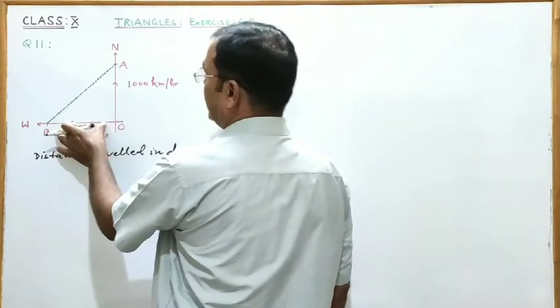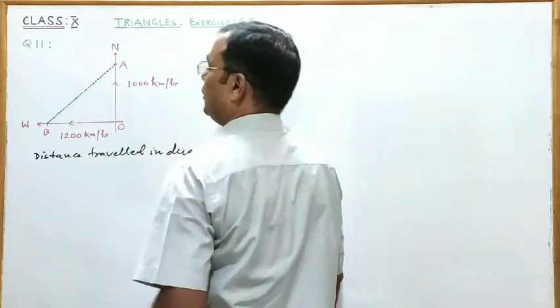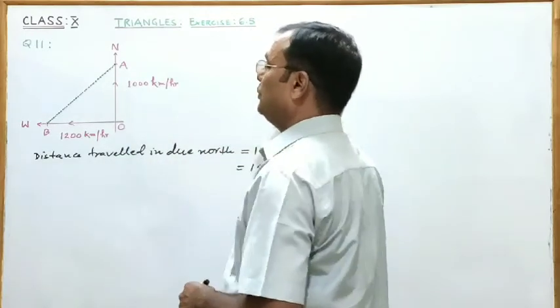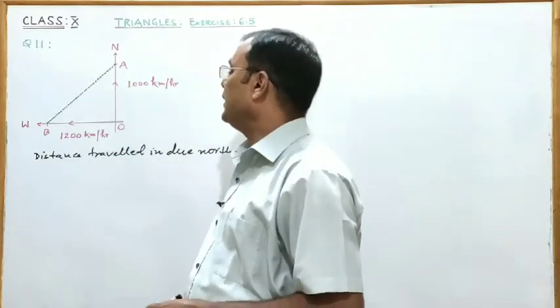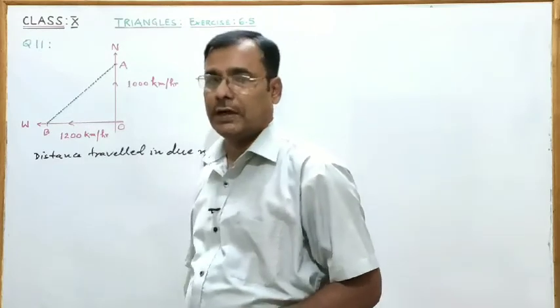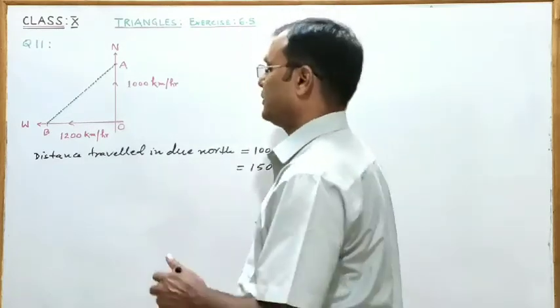Then we shall calculate the distance travelled by the other aeroplane in the direction of due west at the speed of 1200 km per hour in 1.5 hours.